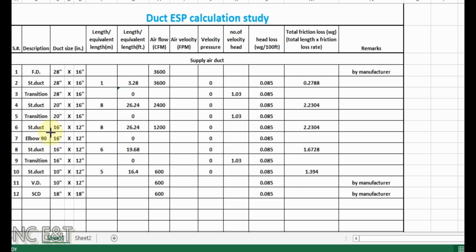For the straight duct of size 16 by 12 inch, again we have the length 8 meters, which is equal to 26.24 feet. For the straight duct 16 by 12 inch size, the length is 6 meters, which can be converted into 19.68 feet. For the straight duct of size 10 by 12 inch, we have the length 5 meters and we convert it to 16.4 feet.